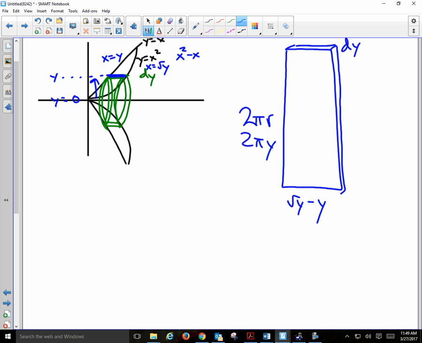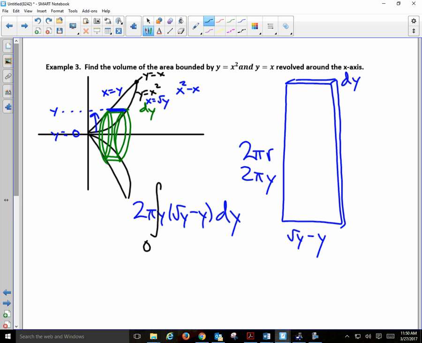So that means that the volume of one of these pieces is 2 pi y times the root of y minus y dy. And I want an integral bound from, anybody know what this intersection is up here? 1, 1, so the y value is 1.